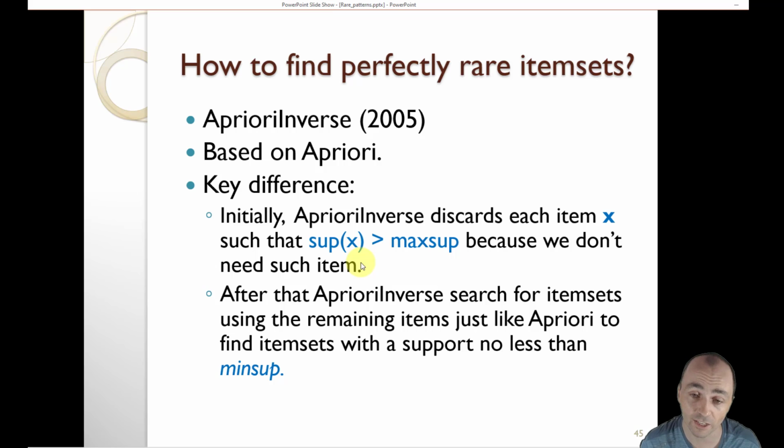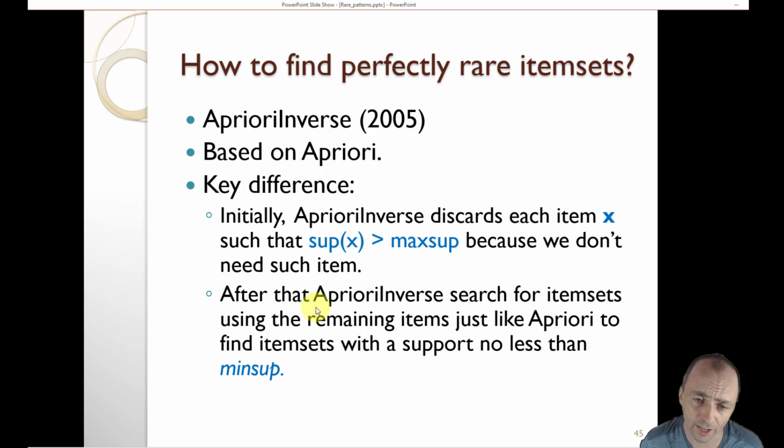So at the beginning, the first thing the algorithm will do is count the support of each item. If the support of an item is more than the maximum support, we can remove or ignore this item for the other steps of the algorithm.